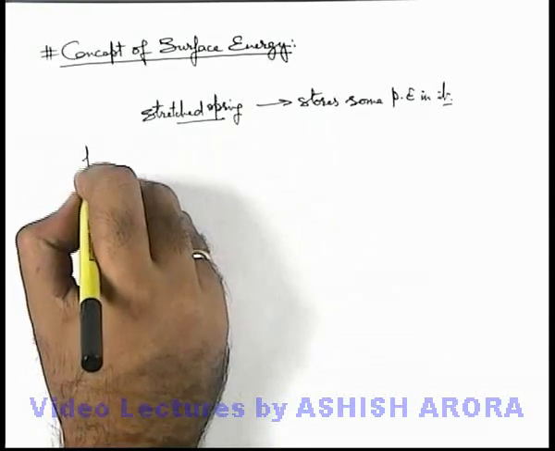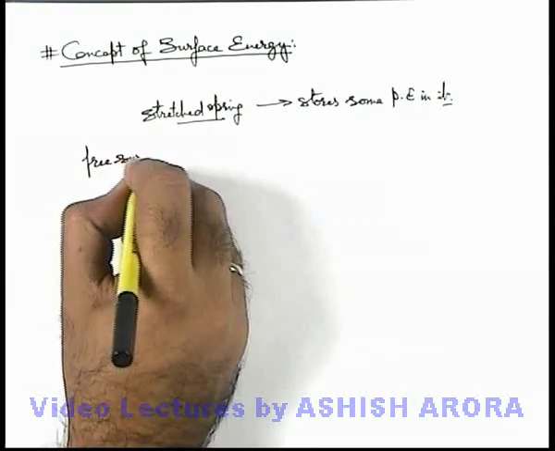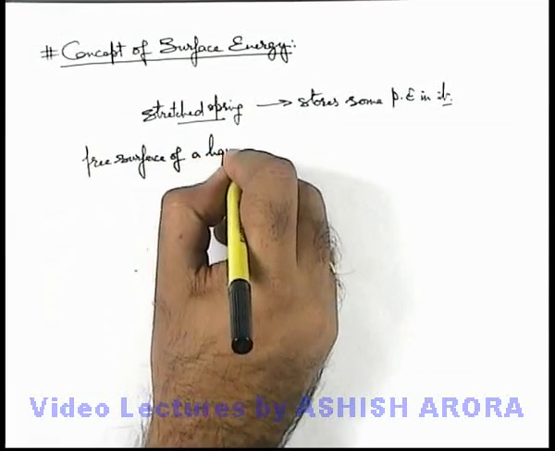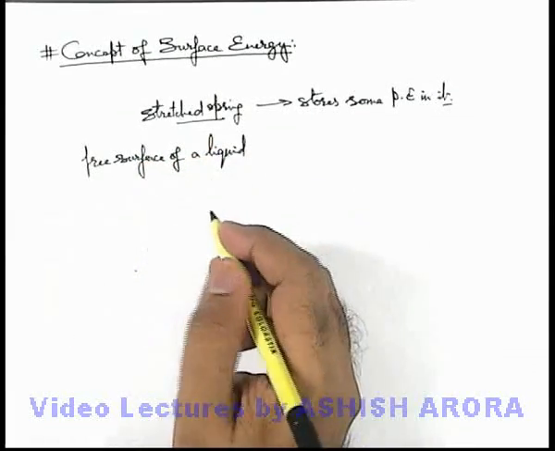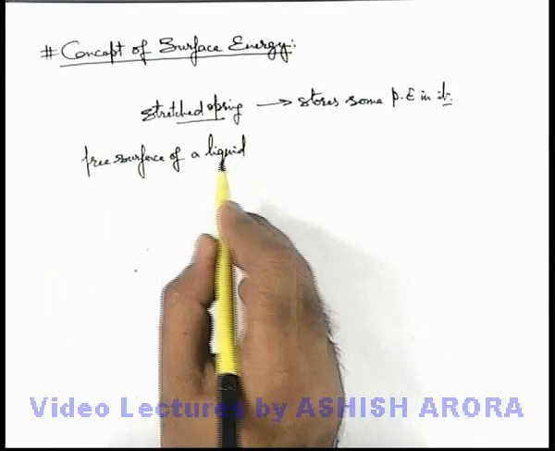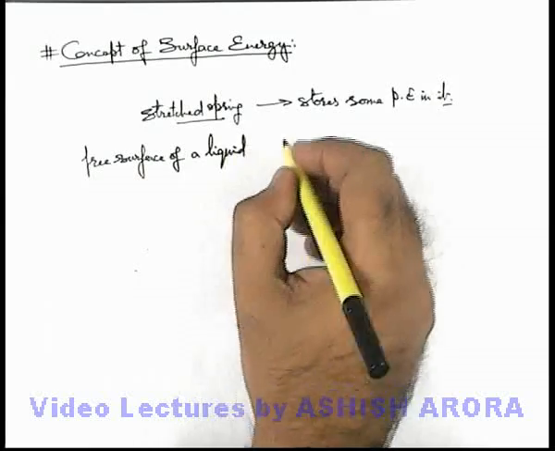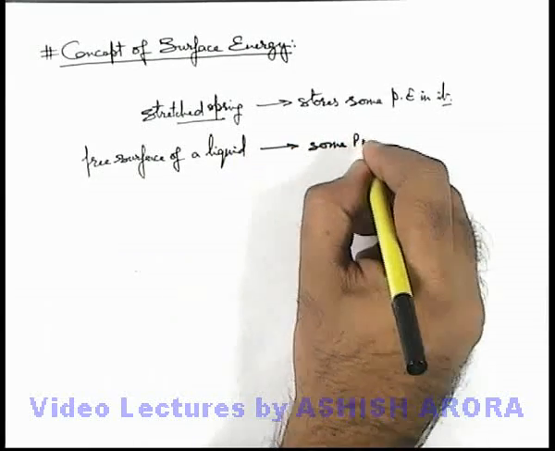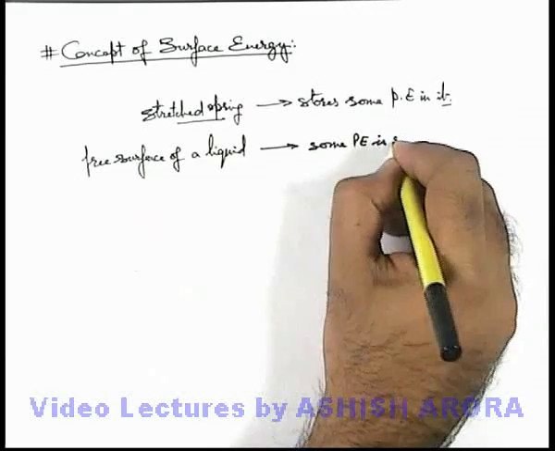Similarly, when we talk about the free surface of a liquid, as we have discussed, due to surface tension the free surface of a liquid also behaves like a stretched membrane. So we can say in the free surface of a liquid also some potential energy is stored.